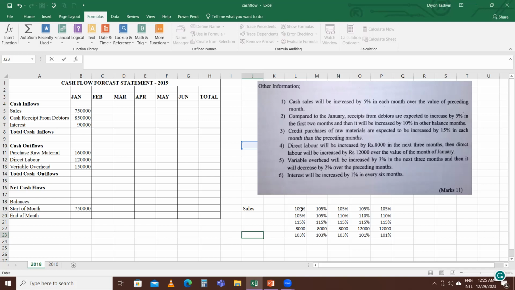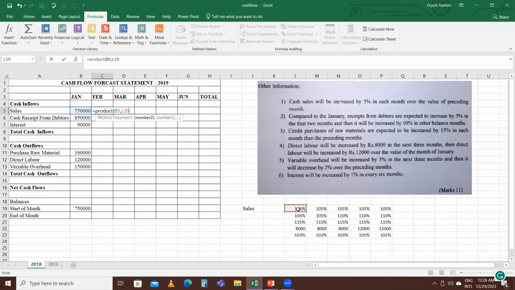So each month, the cash will be increased by 5%, which means 105%. So here, I'm going to use the product function so you can understand in a better manner how to apply maximum use of functions. So here, I'm going to multiply this sales figure, right? And I'm going to fix this 105%.